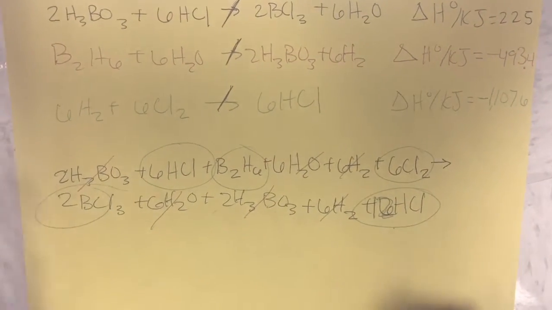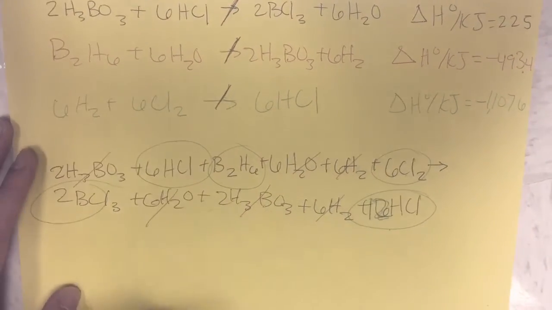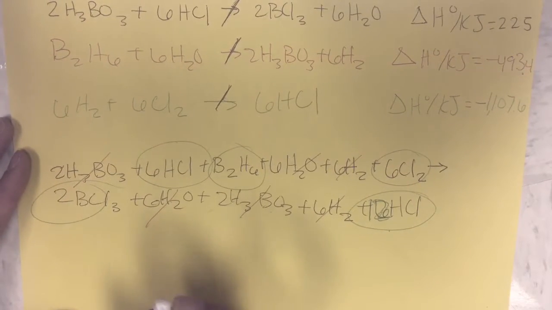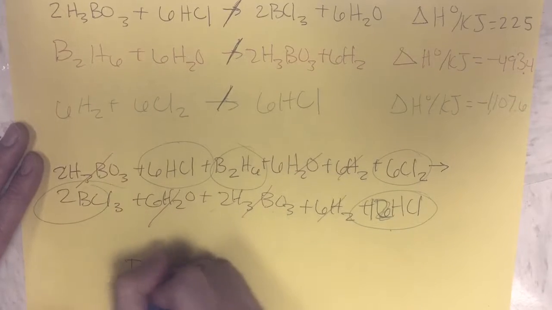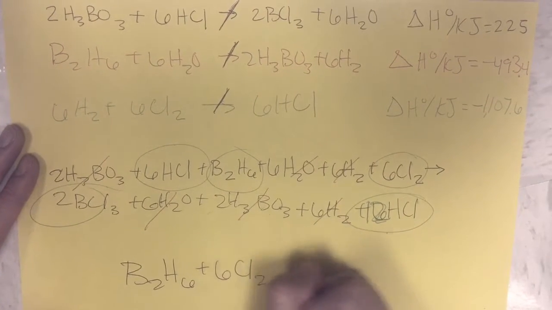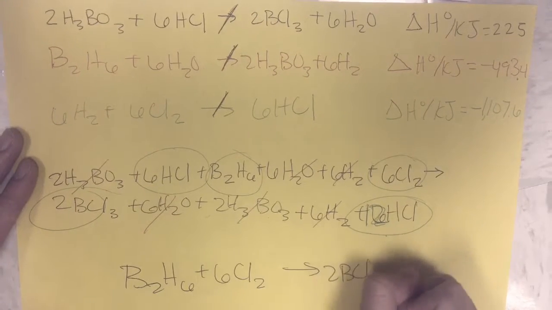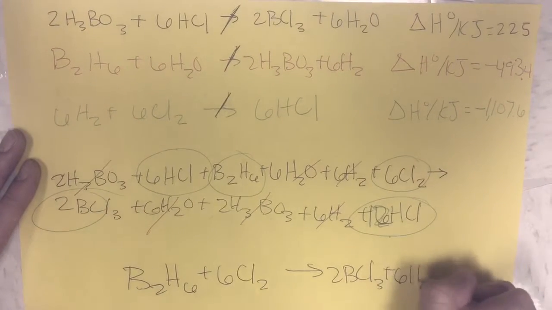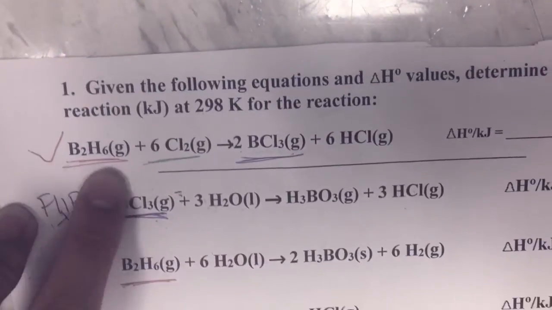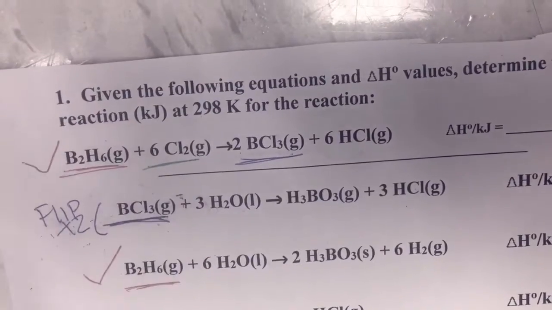So 12 minus 6 equals 6, of course. And this should end with you having B2H6 plus 6Cl2 yields 2BCl3 plus 6HCl. As you can see up here, it's the same exact reaction, so you know you got everything right.